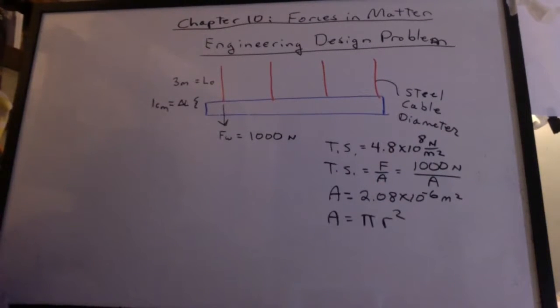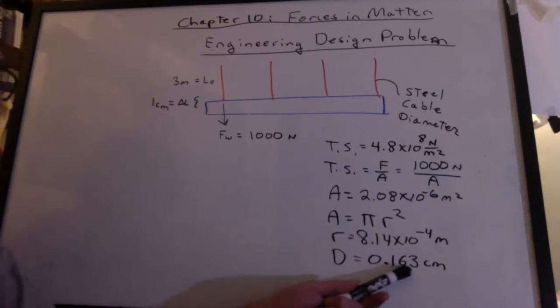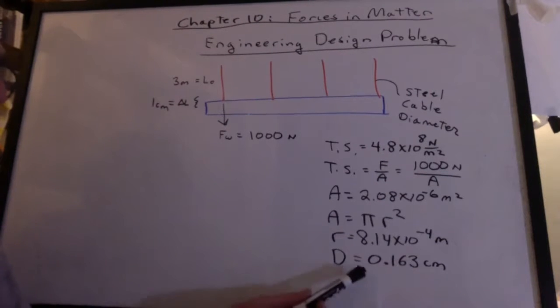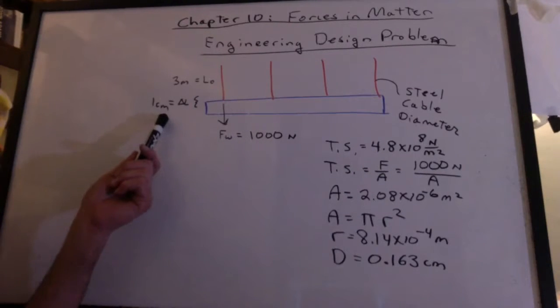The area is pi r squared. We get 8.14 times 10 to the minus 4th meters. Multiply the radius by 2, and we have the equivalent of 0.163 centimeter diameter wire. Now you might say, great, now we know what cable to buy. Except there's another condition. We can't have it stretched too much.